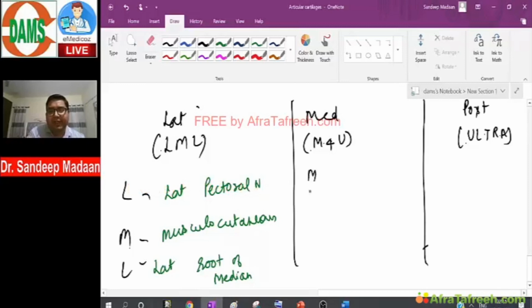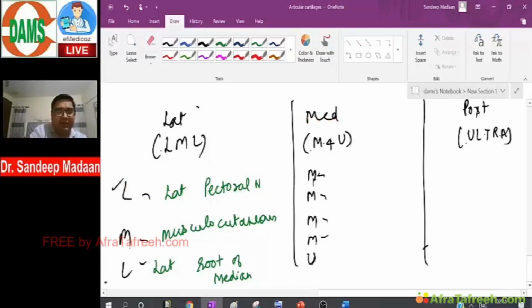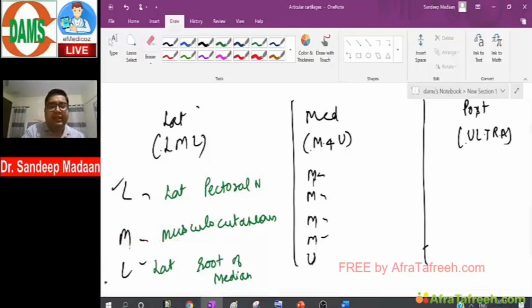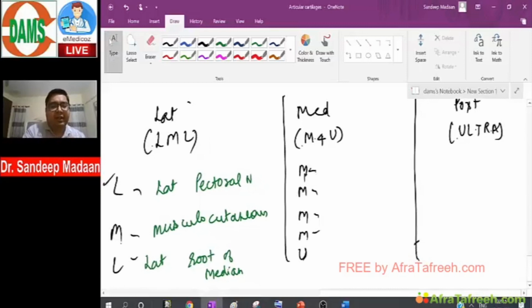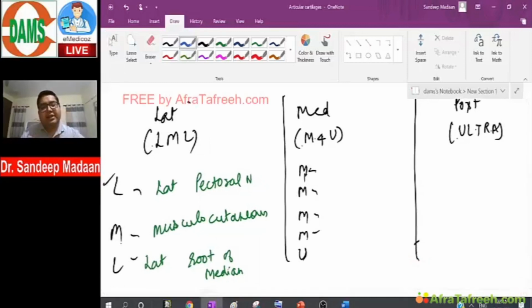What about the medial cord? M4U means four times M and then U. The first two Ms can be derived from these Ls. Whatever we have written on the lateral side, we can use, just making it M for medial. For example, the first L we wrote is lateral pectoral; in the medial cord we will write medial pectoral nerve.